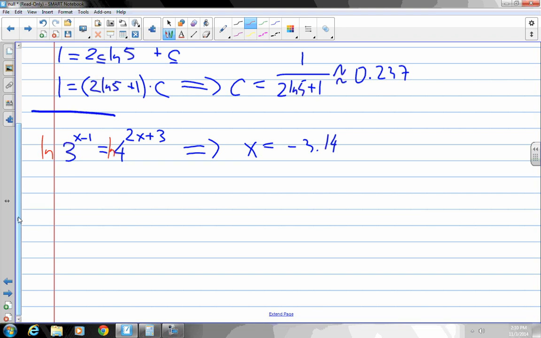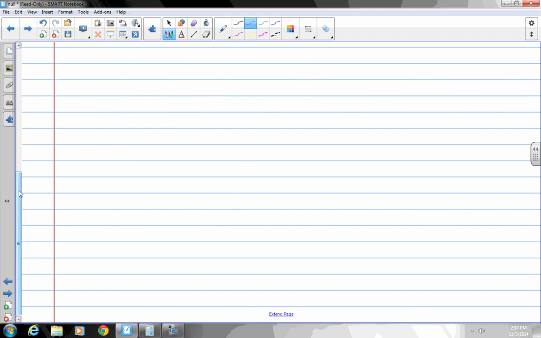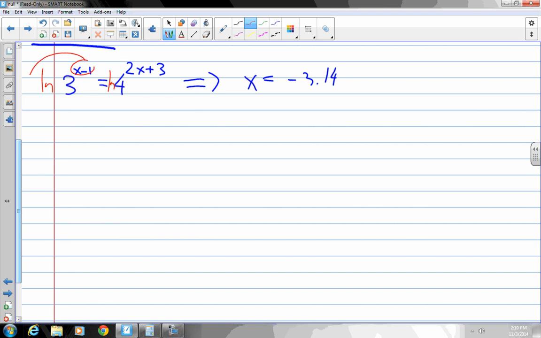So what that does, it brings these exponents down. So this gives me x minus 1 times ln of 3 equals 2x plus 3 times ln of 4, right? Which is a linear equation.